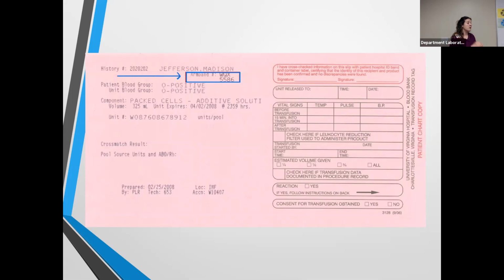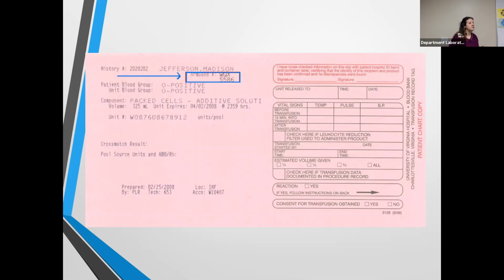Once the nurses actually proceed with the transfusion procedure, they have a total of 4 hours to get it transfused. And notice also on this transfusion slip, you'll notice this area over here. This is where the patient vitals are going to be recorded. Before they start the transfusion, they're going to take your patient vitals, and then 15 minutes after the start of the transfusion, they're going to retake the vitals just to make sure.